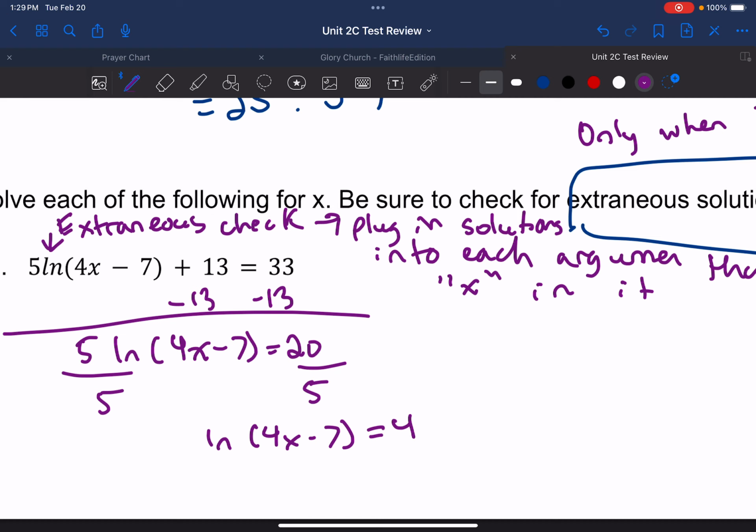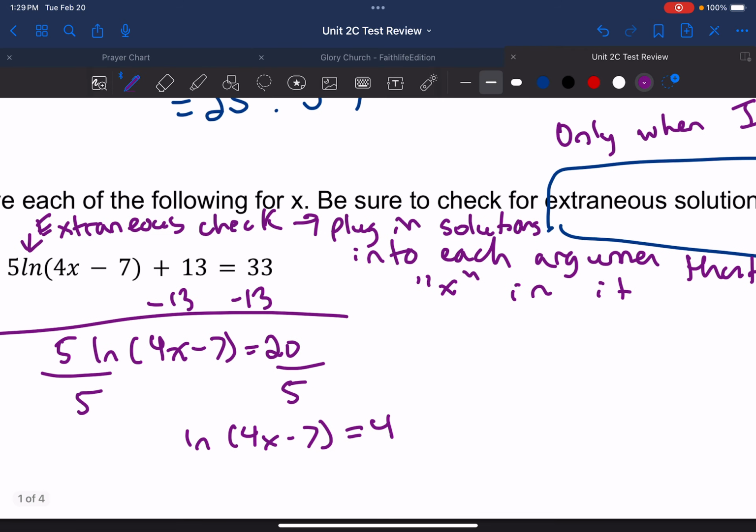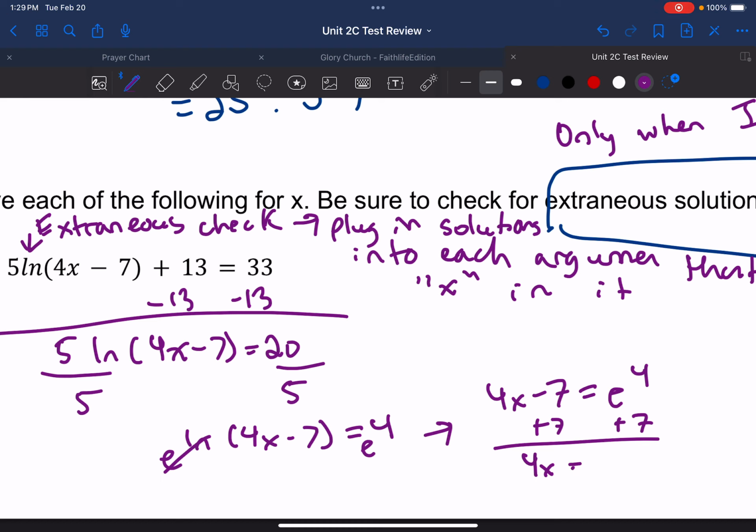Okay, and then right here, I'm going to do e as the base on both sides. So that gives me 4x minus 7 equals e to the 4th. Add 7. Then I would divide by 4 on both sides to get x equals e to the 4th plus 7 over 4.